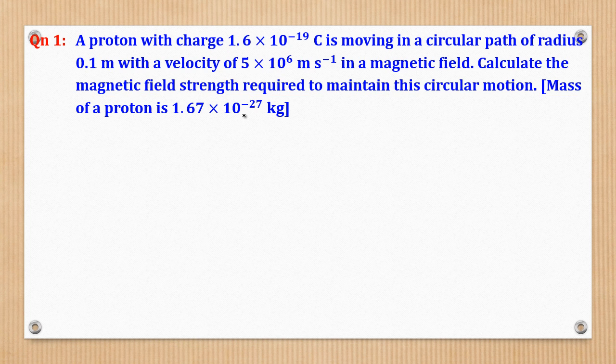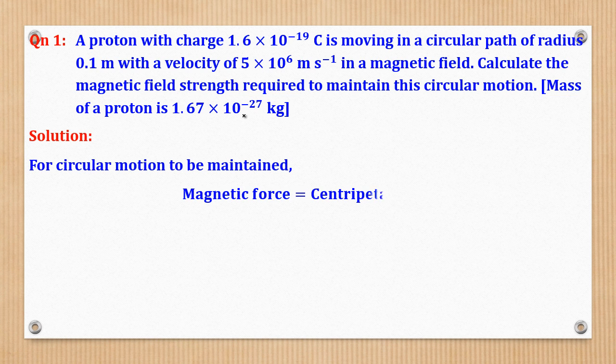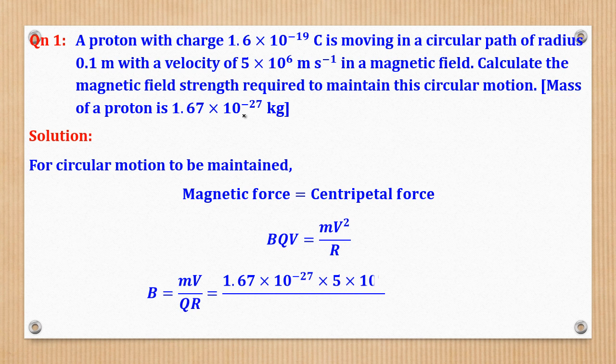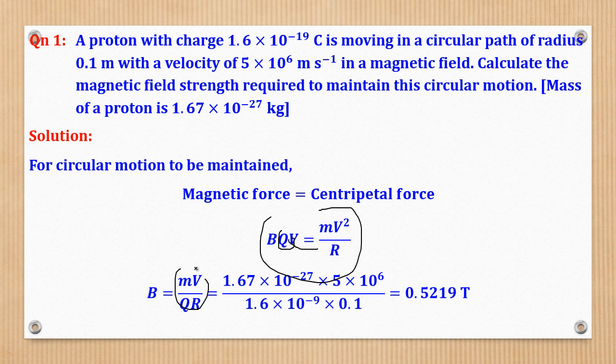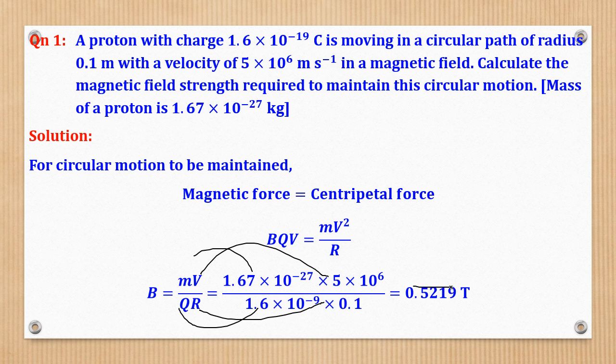So you need to remember the condition for circular motion to be maintained, that the magnetic force provides the necessary centripetal force. So substitute to come up with this. Then from here make B the subject, meaning these two go down to come up with this. Then you substitute mass of the proton, drift velocity, charge, and the radius to give you this as the magnetic flux density.